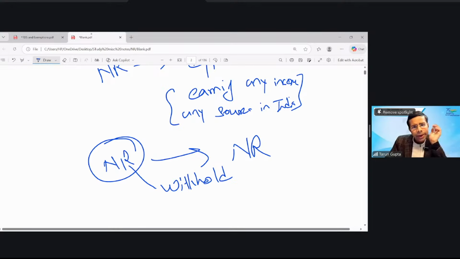So it is very much common that a non-resident is under an obligation to deduct tax while making payment to another non-resident. The only condition is that the amounts paid should be chargeable to tax in India.